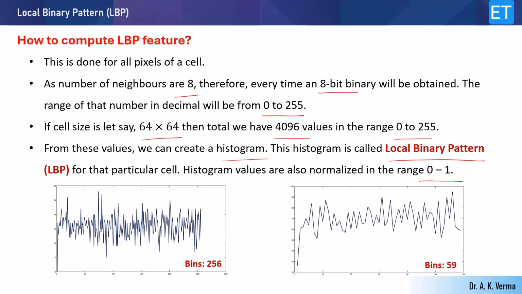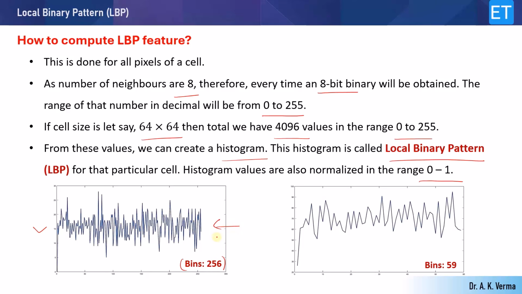Here I have shown you 2 examples of that histogram. In the first one, I have considered a total number of bins of 256, because I am getting 256 different values. If I consider all values as a single bin each, I will have a total of 256 bins, so I will get this type of histogram.